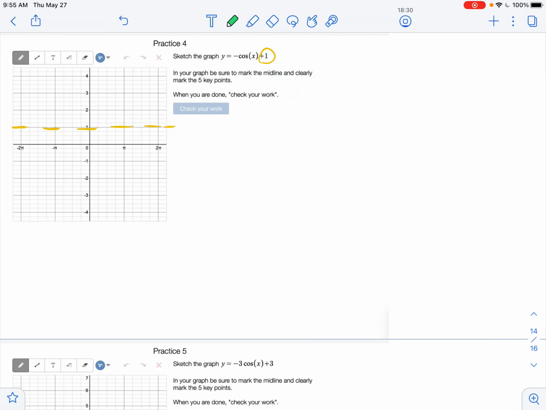Our amplitude is 1, so I'm going to be bouncing between the values of 2 and 0. But again, that vertical reflection, instead of starting at a max, we're going to have to start, because it's a cosine, right?